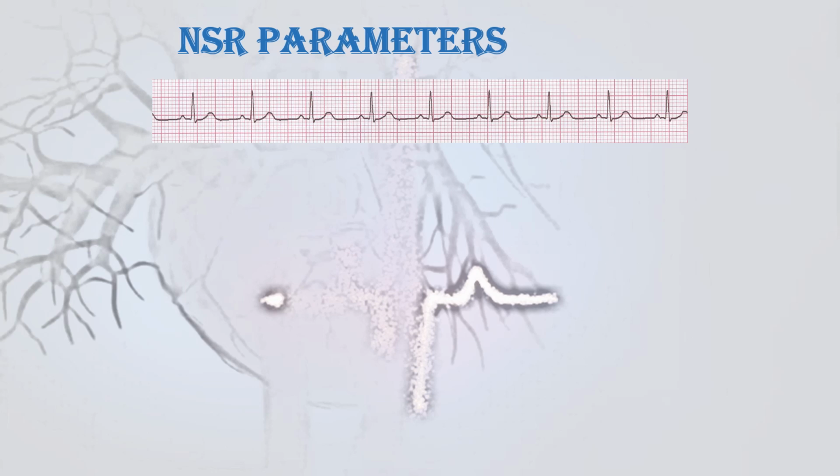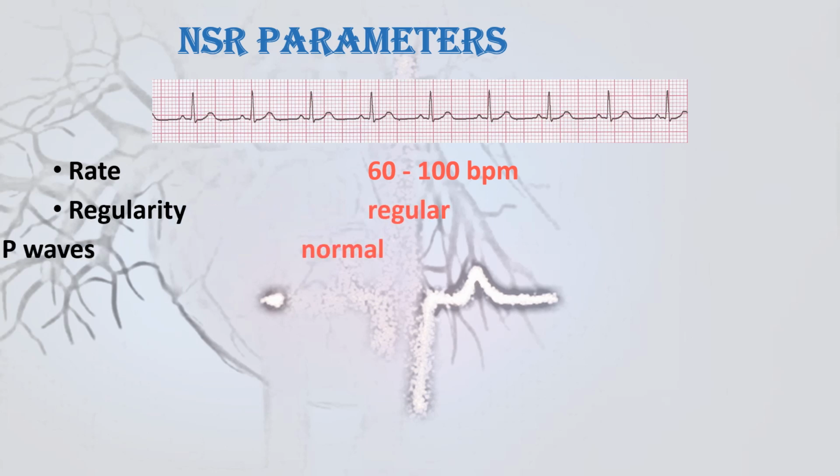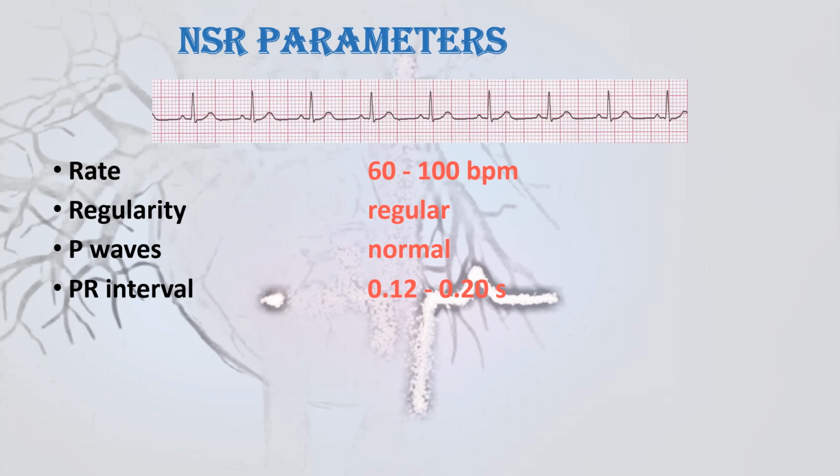Then see what the parameters of normal sinus rhythm are. Rate is supposed to be between 60 to 100 beats per minute. Regularity, the rhythm should be regular. The P wave should be normal, that is, the P wave should be present before every QRS complex, and it is also regular and identifiable. Then the PR interval should be between 0.12 to 0.2 seconds.